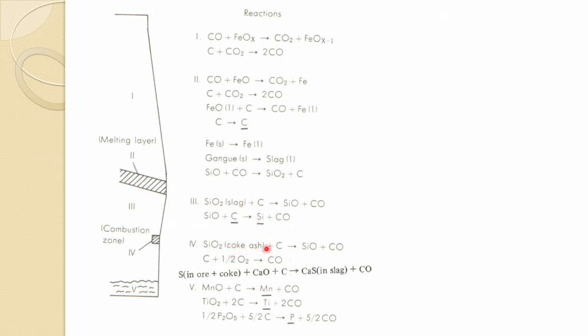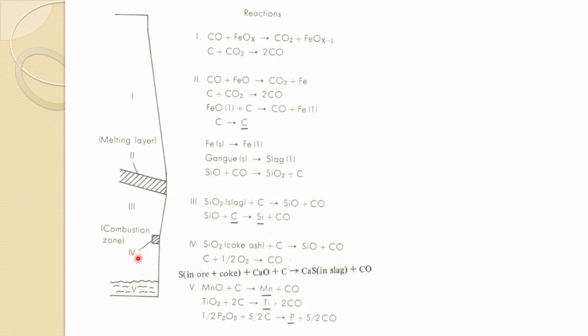And SiO2 from the coke again goes into SiO, can come here, and this reacts again with the oxygen, so CO2 is formed. And sulfur in the ore combines with the lime and forms calcium sulphide which goes into the slag.